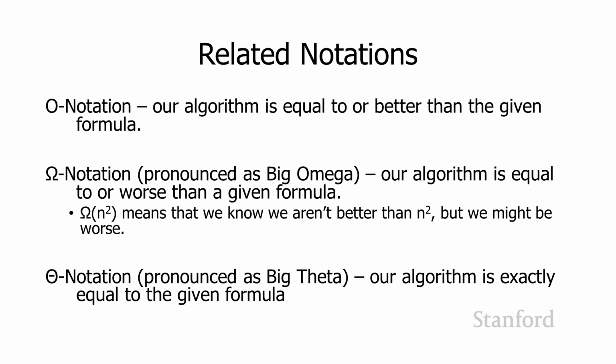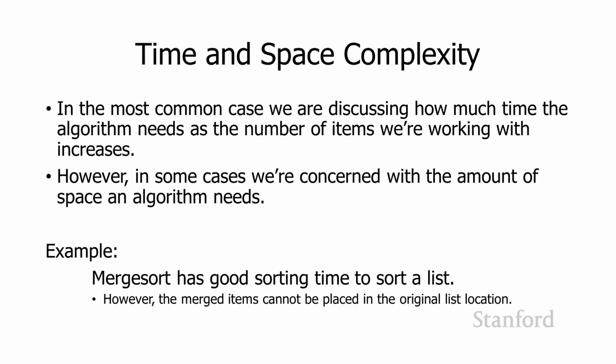Why do we have these? It's because when we're trying to analyze a particular algorithm, it's not always obvious exactly what the big theta notation is, but we can often find either an upper bound or a lower bound. Also, when we're talking about O notation, typically we're talking about time, but we could also be talking about space. So usually I'm saying as the number of items increases, how much time is this going to take to process?